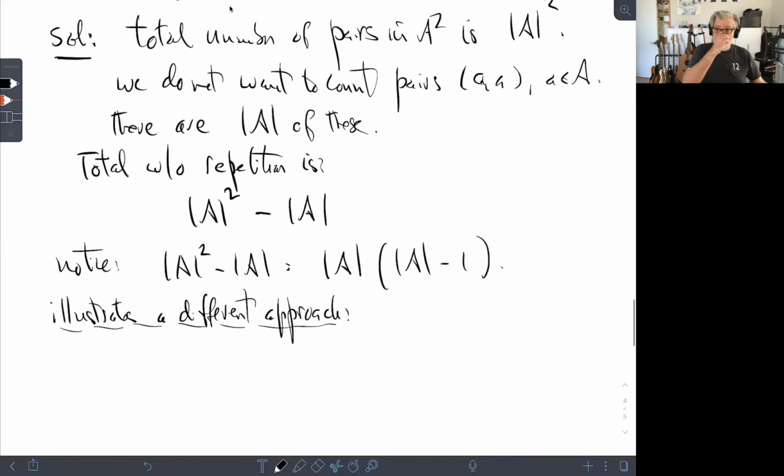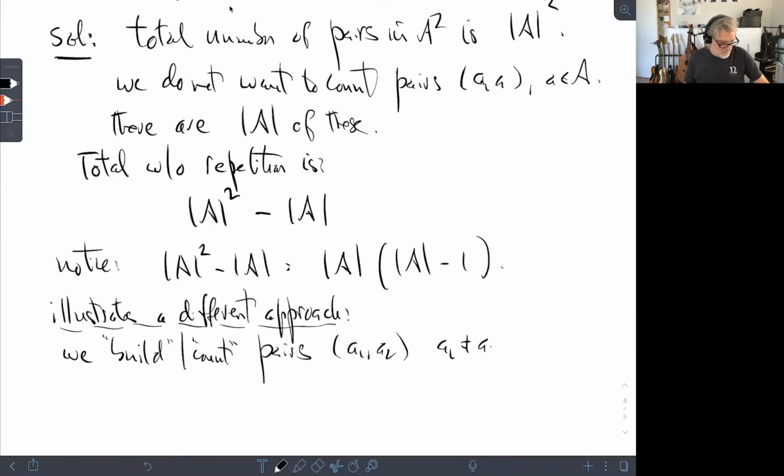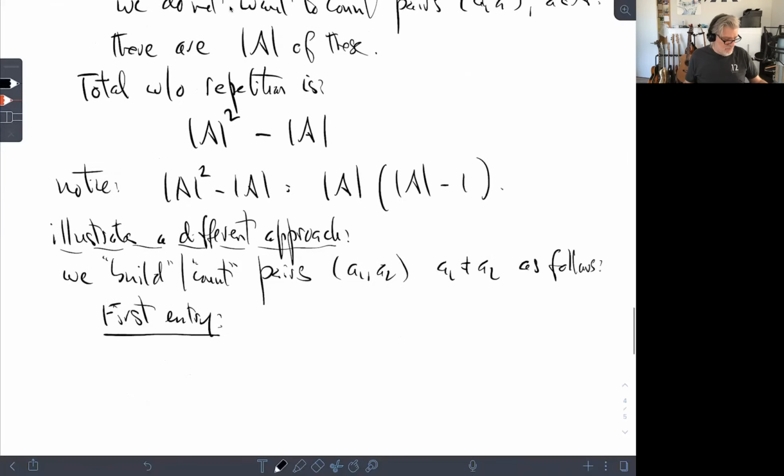Okay, as follows. I want to build pairs that come from A times A, but in a way that the two entries are distinct. So we build, or count, pairs A1, A2 with A1 different from A2 as follows. For the first entry, how many possibilities do I have?